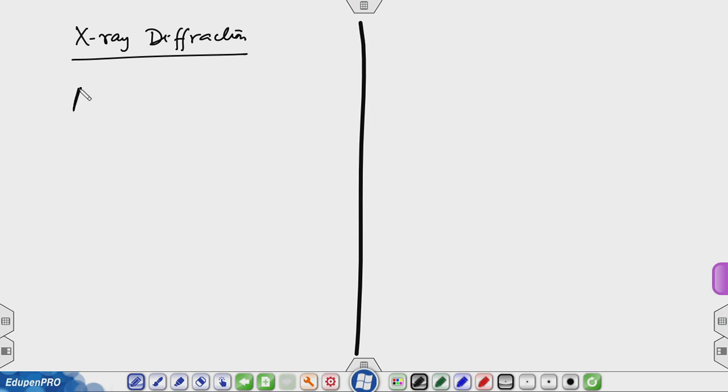So, we have seen that delta k should be equal to n 1 a 1 plus n 2 b 1 plus n 3 c 1.